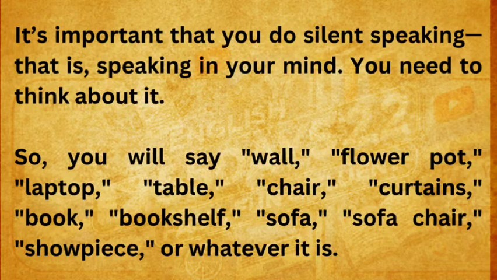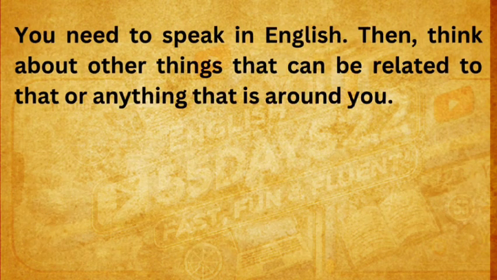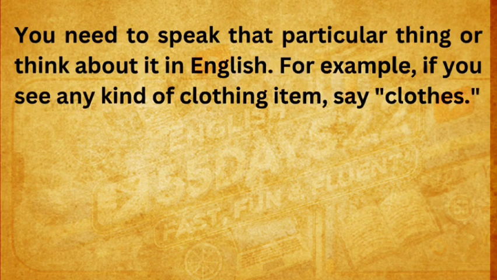You need to think about it. So you will say wall, flower pot, laptop, table, chair, curtains, book, bookshelf, sofa, sofa chair, showpiece, or whatever it is. You need to speak in English. Then think about other things that can be related to that or anything that is around you. For example, if you see any kind of clothing item, say clothes.